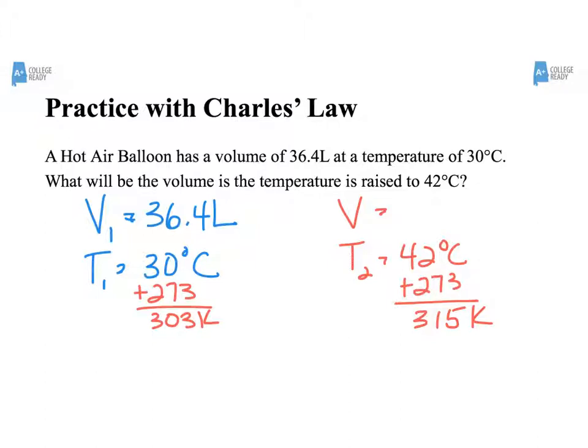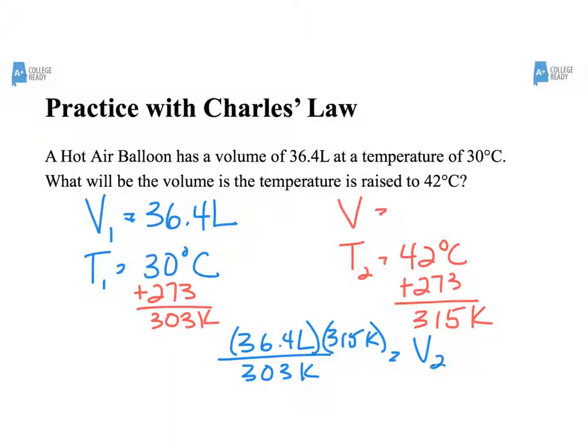And now we can just plug it into the equation. So V1, which is 36.4 liters, divided by T1. And I'm just going to algebraically move this one over. So I'm going to bring my T2, 315 Kelvin, and that's going to give me my V2.